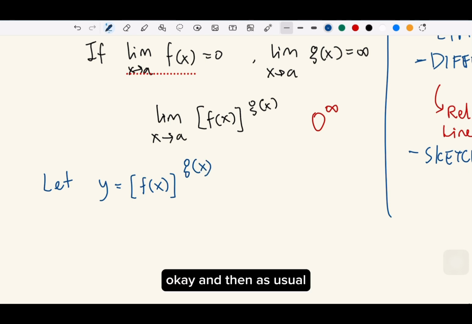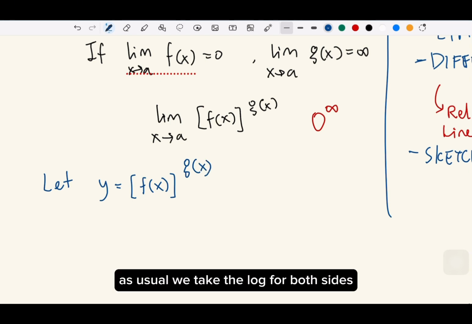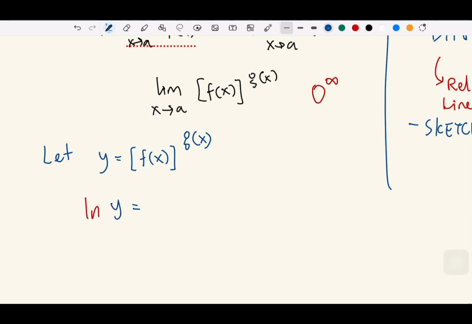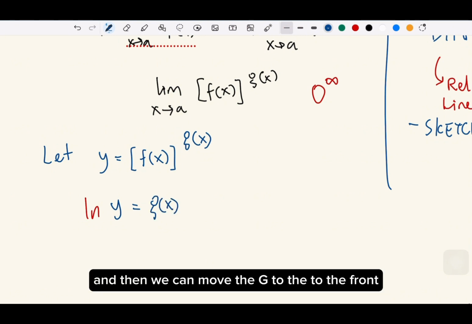And then as usual, we take the log for both sides. So we have ln, and then we can move the g to the front.